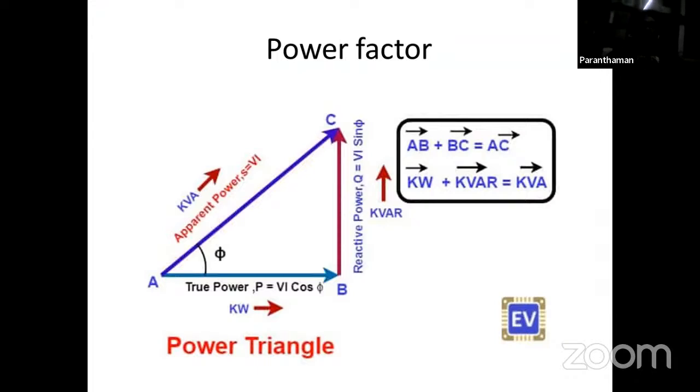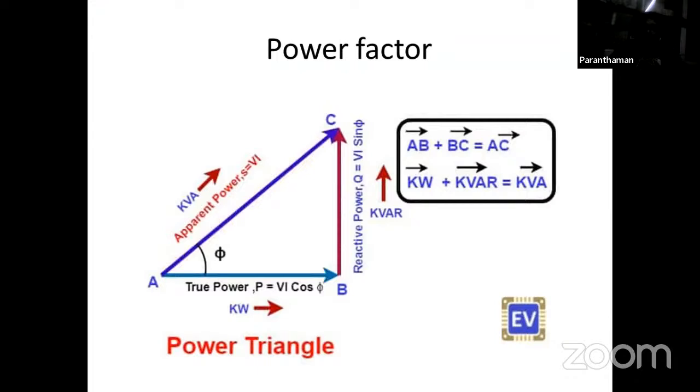In this triangle, the horizontal line is real power or true power. The vertical line is imaginary power or reactive power. The apparent power is the hypotenuse. We have to keep it in mind, that is KVA. KVA is the term we will be seeing in alternators and transformers.